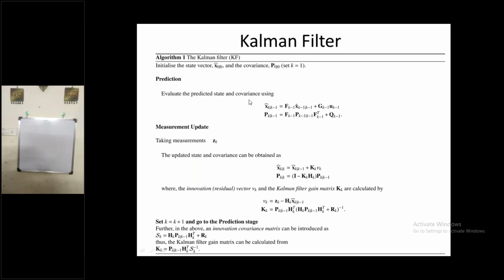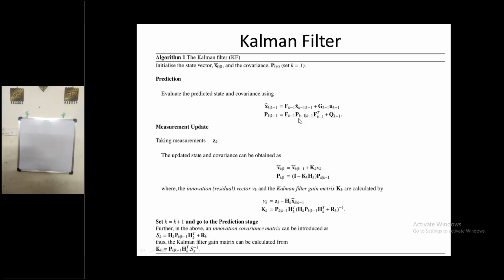So this is the initial state vector, which is always required. And once we have this initial state vector and the initial covariance, then we have to start the prediction. So all of you please see what is happening here. First of all, we set k equal to 1. If I set k equal to 1, then we get x hat of 0 at 0, and I assume that u is available from some way.